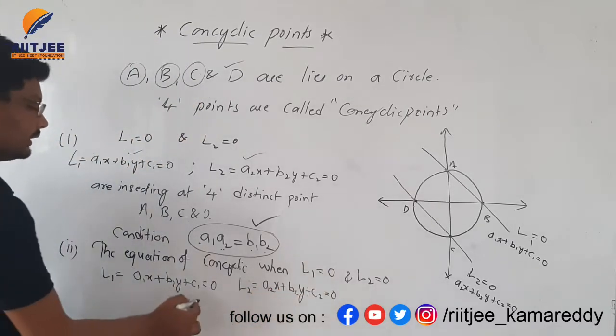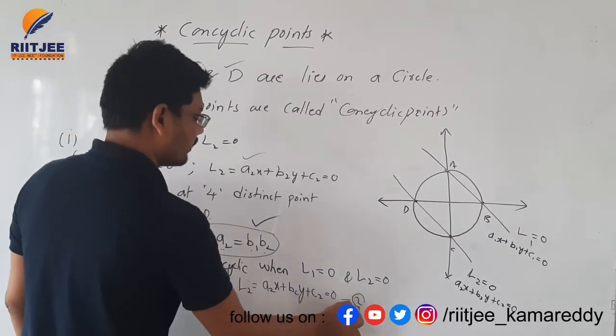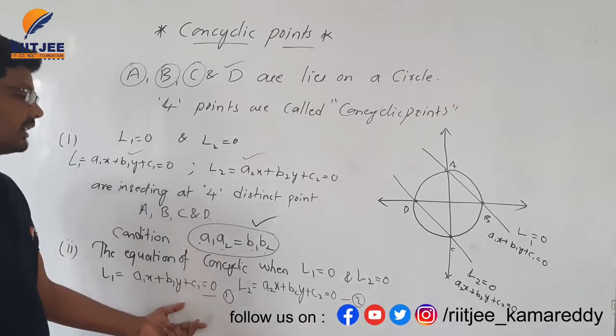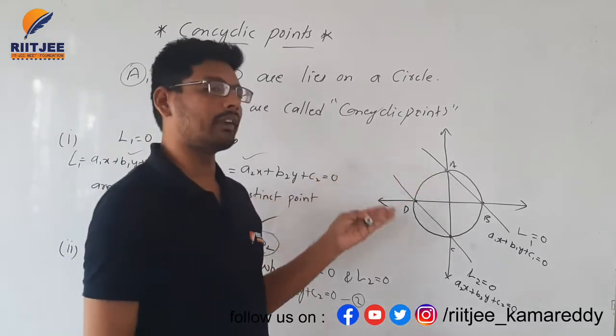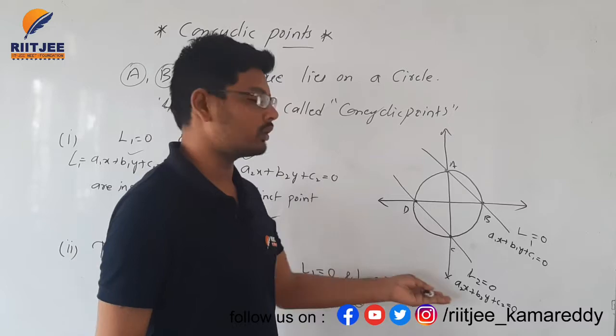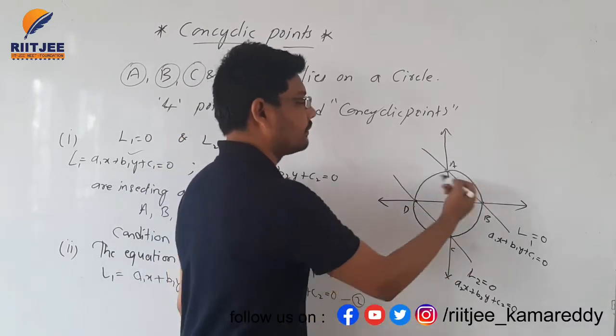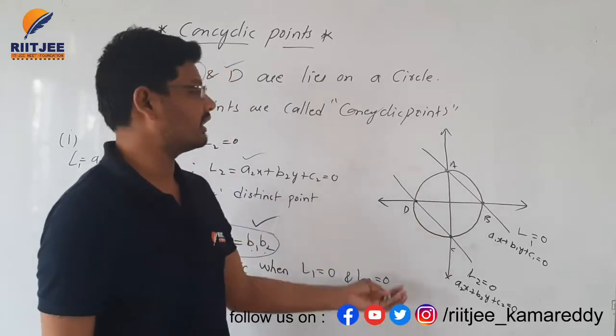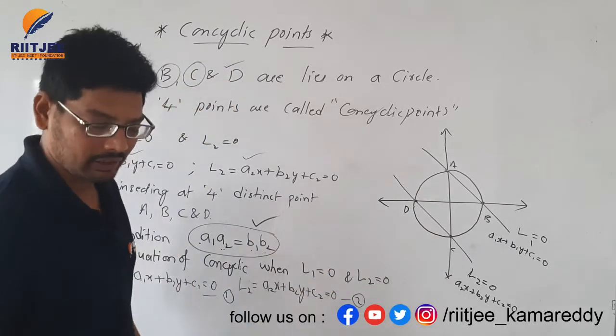This is equation number 1 and this is equation number 2. These two linear equations intersect the coordinate axes at 4 distinct points, and these 4 points lie on the same circle. For that condition we need to frame an equation.